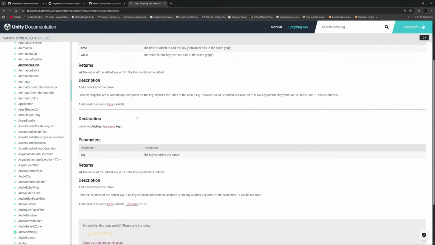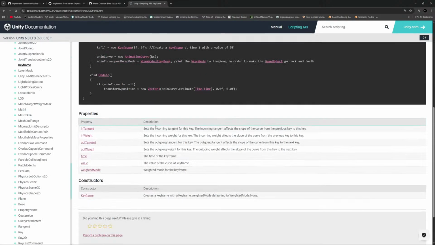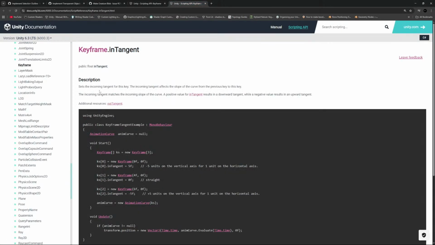Yeah, we want to work with keyframes, I think, and they have intangents. And what are intangents? They are floats.